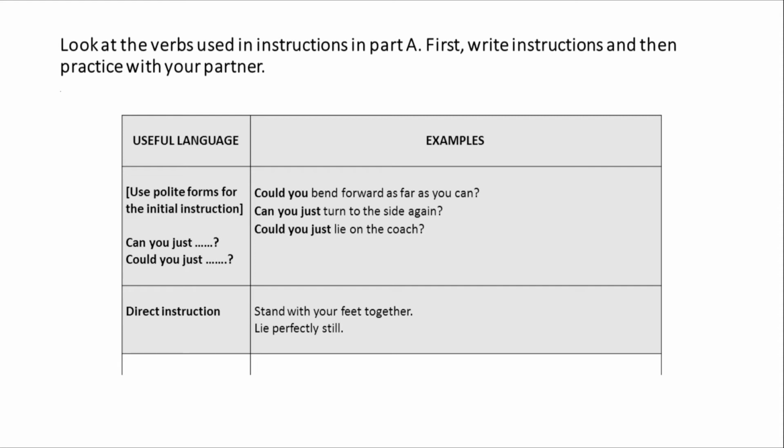And then, direct instructions may be used, like stand with your feet together or lie perfectly still. Now, please go back to instructions we have already studied and write 4 instructions using polite forms and then give 4 more direct instructions.